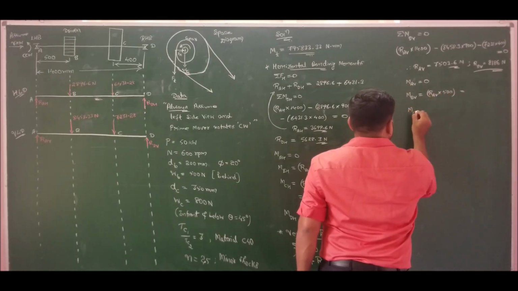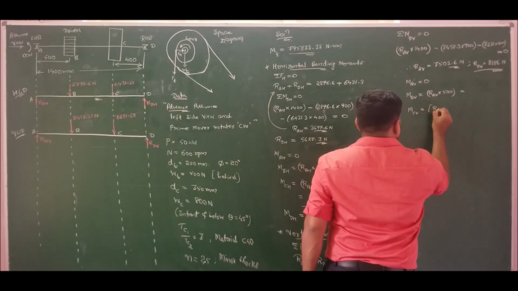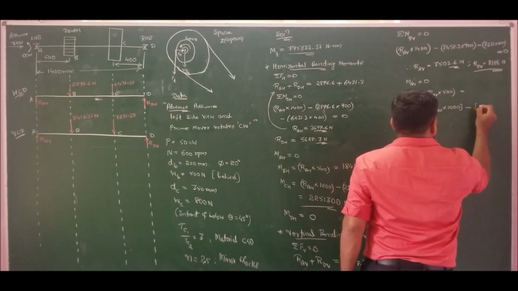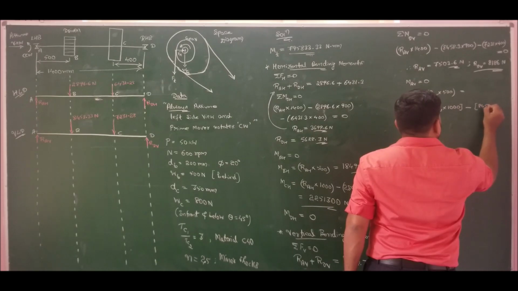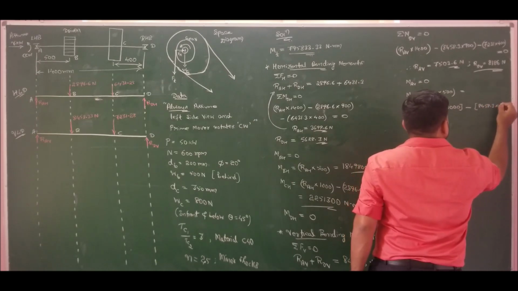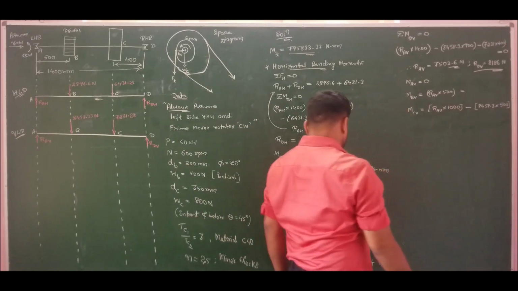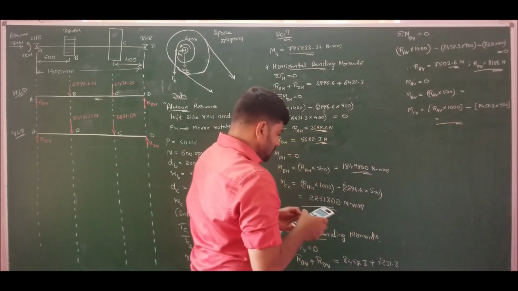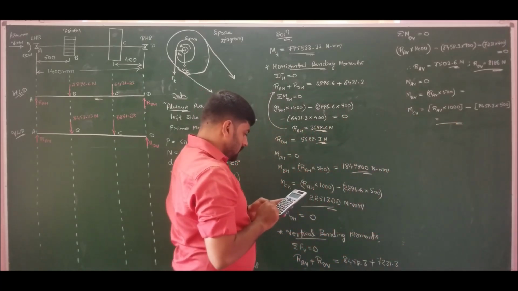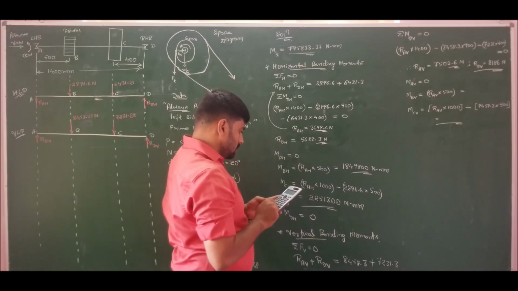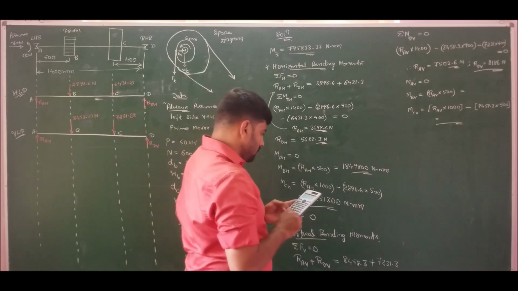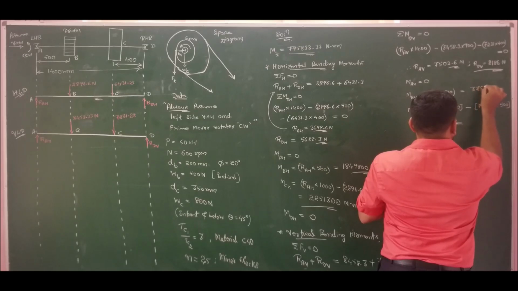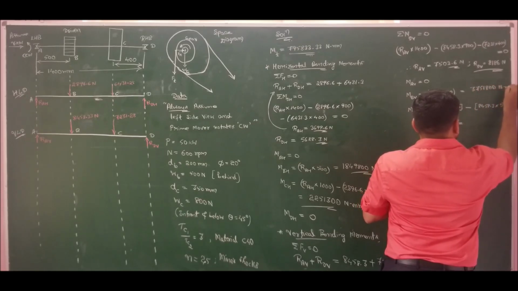Coming to moment about C vertical, we have RA vertical into 1000 minus force 8458.3 into distance 500. So therefore, RA vertical is 7503.6 into distance 500, which yields the moment as 3751800 Newton millimeters.